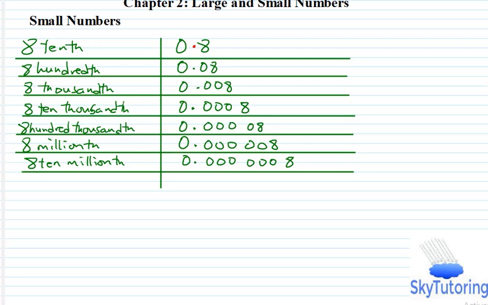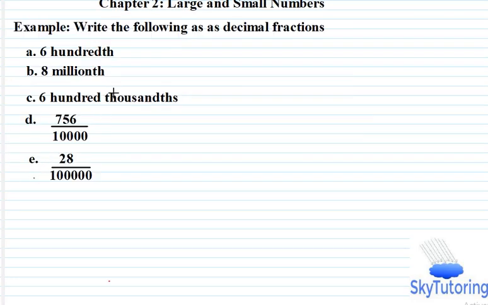Quickly, let's see some examples. Write the following as decimal fractions. The first one we have 6 over 100. If we are to write it as a decimal fraction, there are two ways of looking at this.